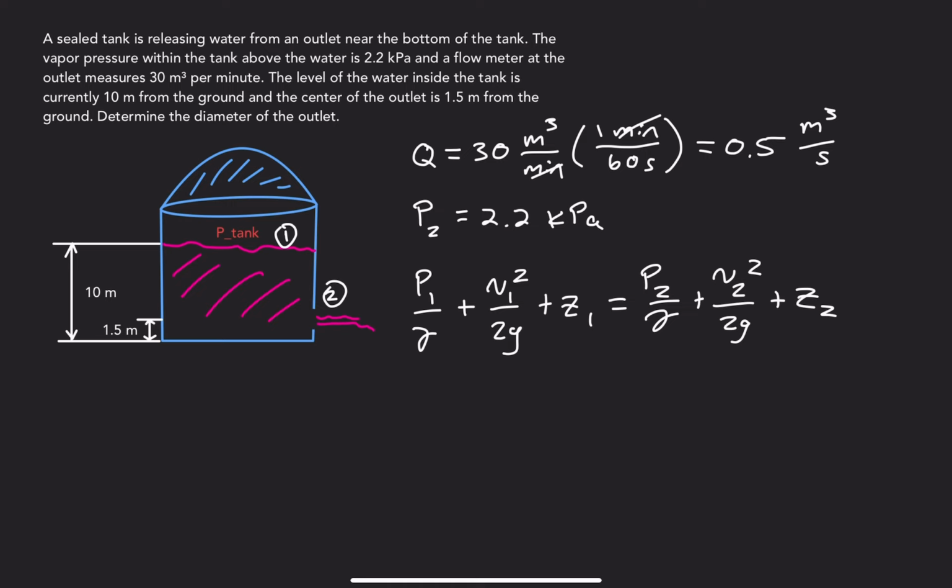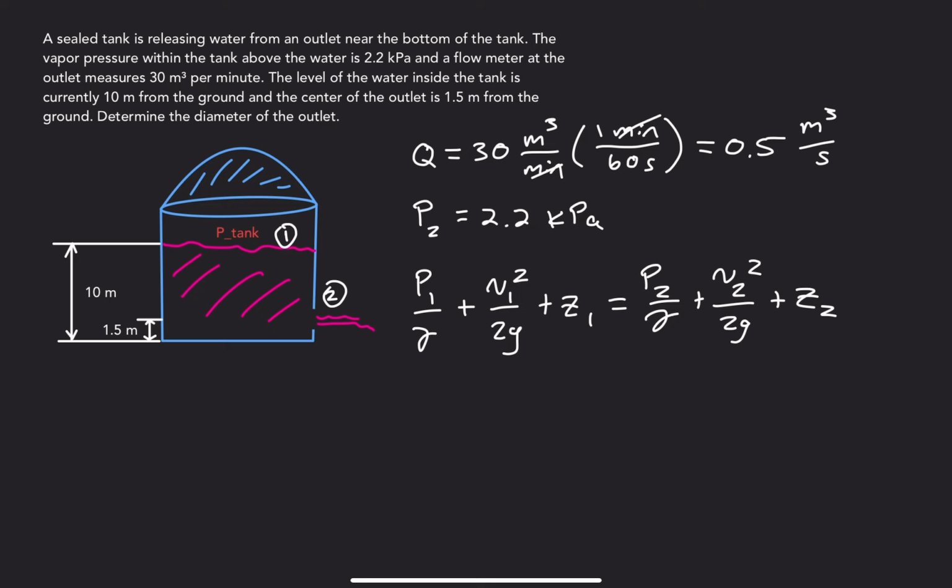Now it's important to note the assumptions that are required for using Bernoulli's equation. We're assuming steady flow, streamlined flow, inviscid fluid, in other words, negligible friction in the flow, and incompressible fluid. With those four assumptions, we may use Bernoulli's equation. Understand that the result you get is only based on the quality of your assumptions.